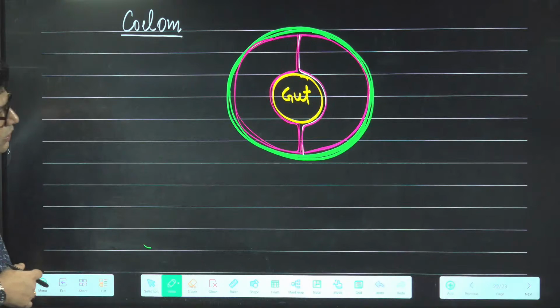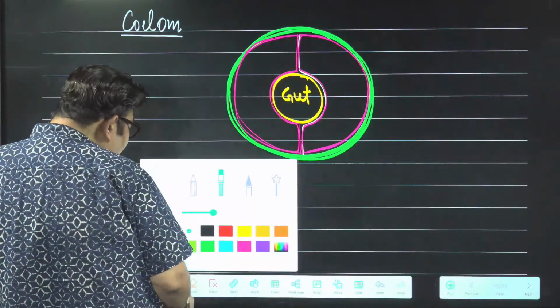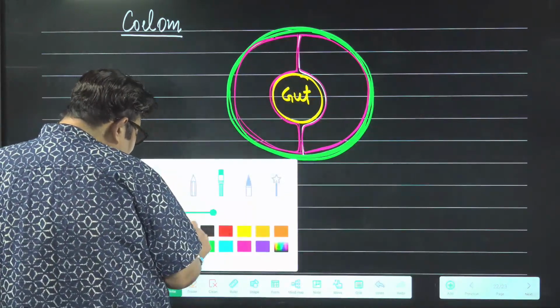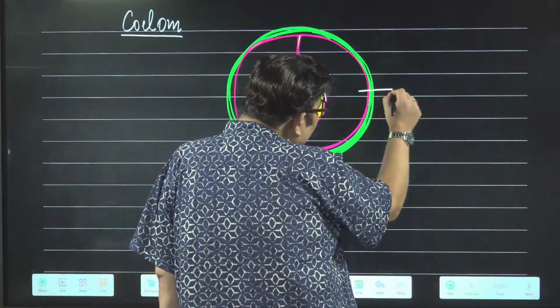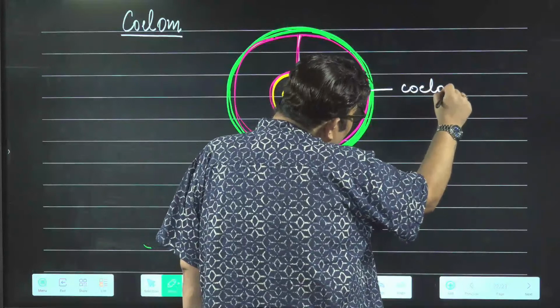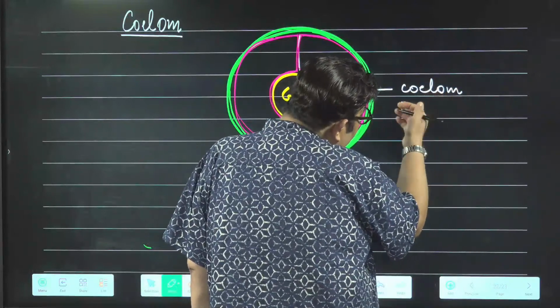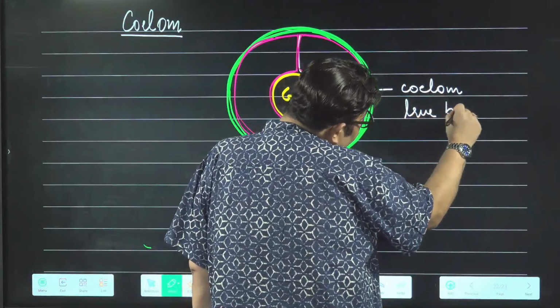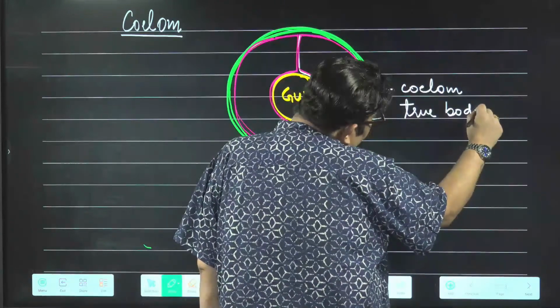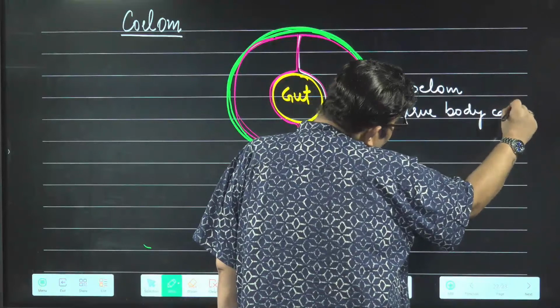And because of that, inside that we can see a cavity. This cavity is the true body cavity, also called the coelom. Coelom is the body cavity. Are you guys with me so far?